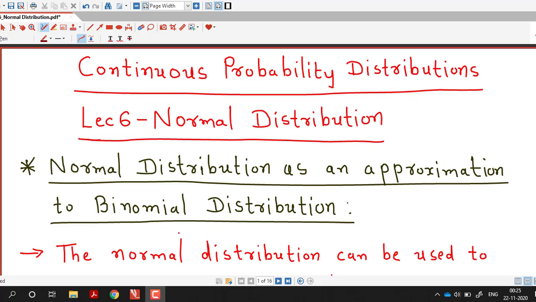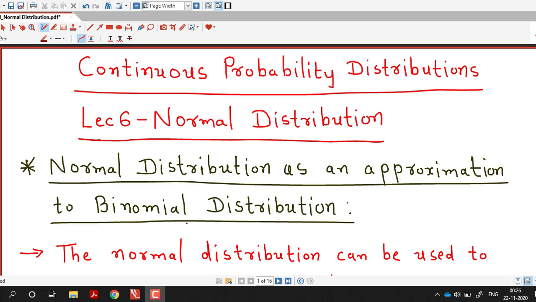In this lecture, we are going to discuss how we can approximate binomial probability distribution using normal probability distribution. Sometimes in binomial probability distribution, if the number of trials is very large, then it is difficult to calculate probabilities using binomial distribution.